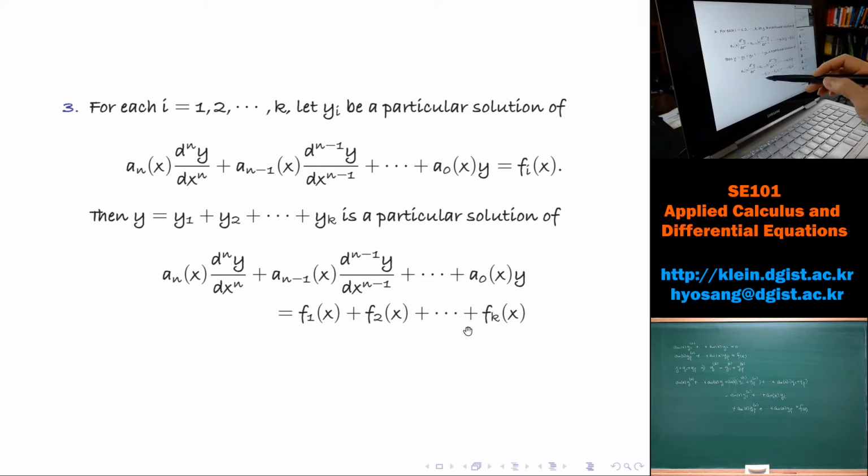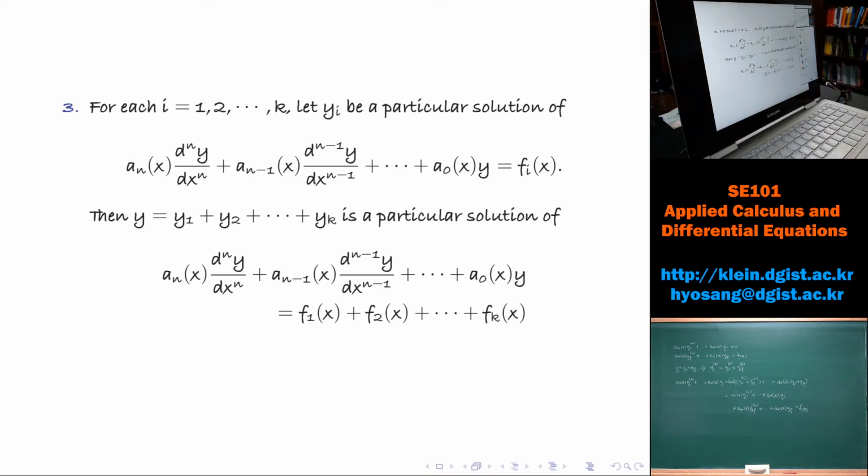But if the non-homogeneous term is too complicated, and it's a sum of slightly simpler functions, then we are going to split this non-homogeneous term and try to find a particular solution for each new differential equation and then combine them into one function to become a particular solution to the original differential equation.